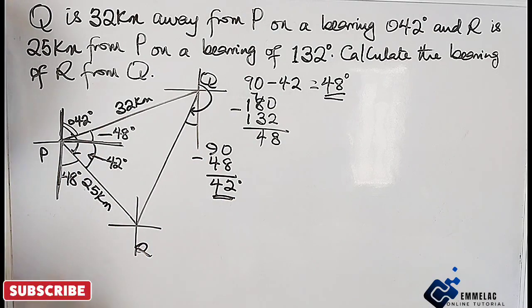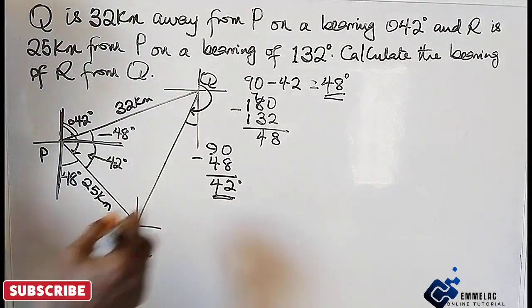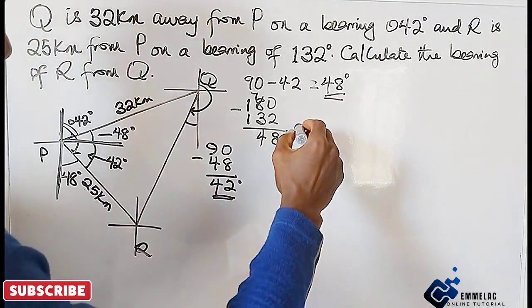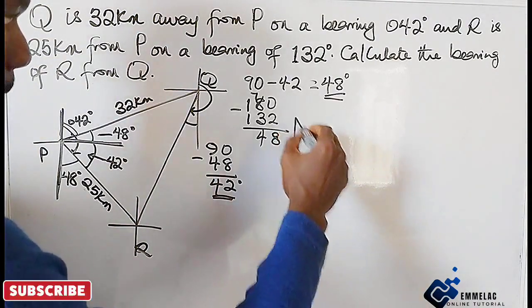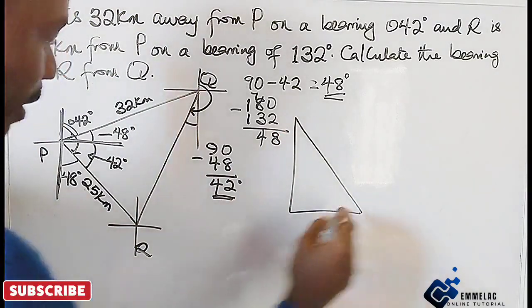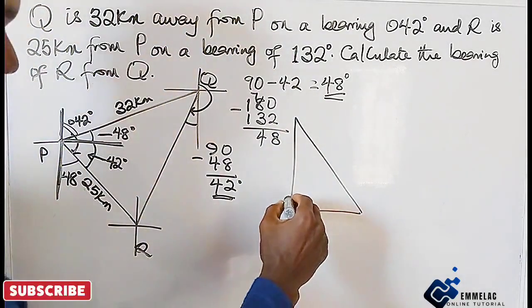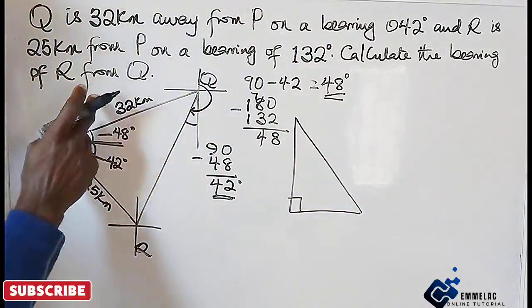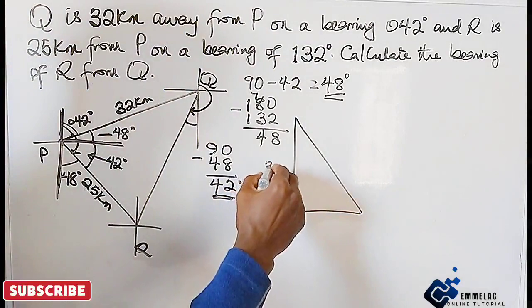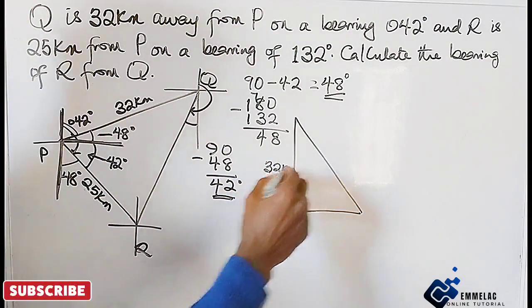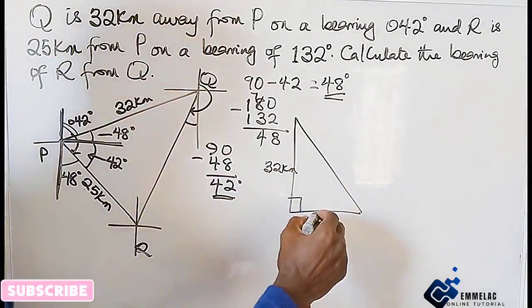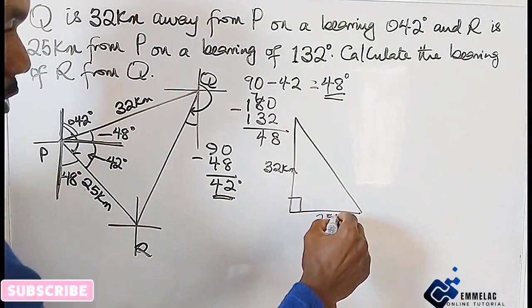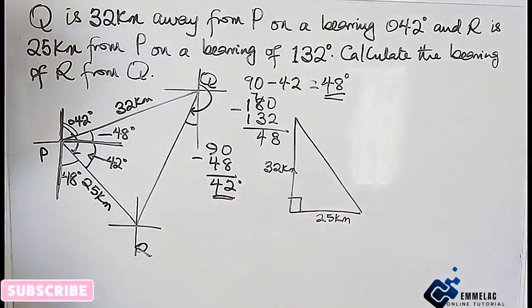If that is true, we can probably redraw this diagram like this. Since here is 90, here will be 32 kilometers, then here will be 25 kilometers.